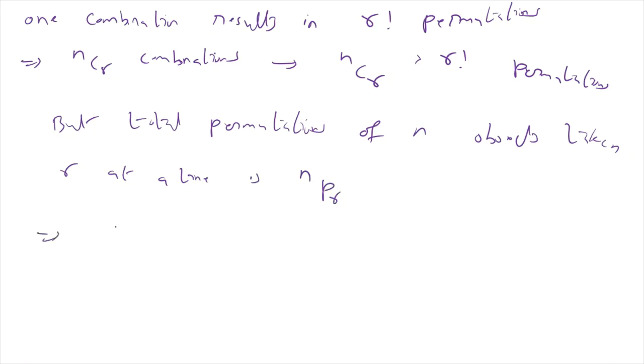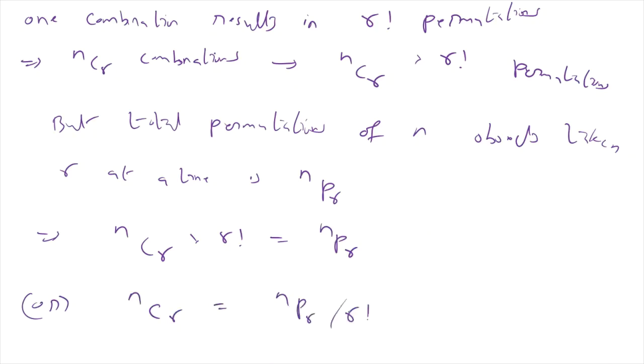So this implies nCr times r factorial is equal to nPr, or nCr is equal to nPr upon r factorial, which is n factorial upon n minus r factorial upon r factorial, which is nothing but n factorial upon n minus r factorial times r factorial. So we have given the proof of this: nCr is equal to n factorial upon n minus r factorial times r factorial.